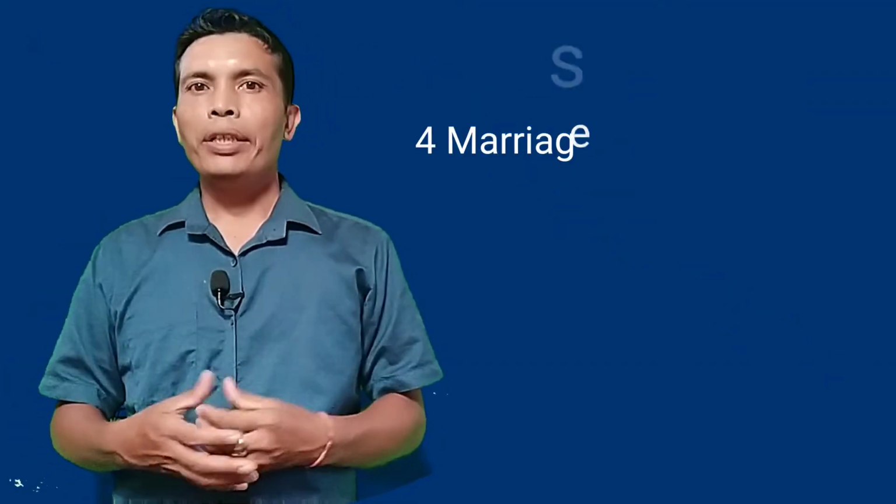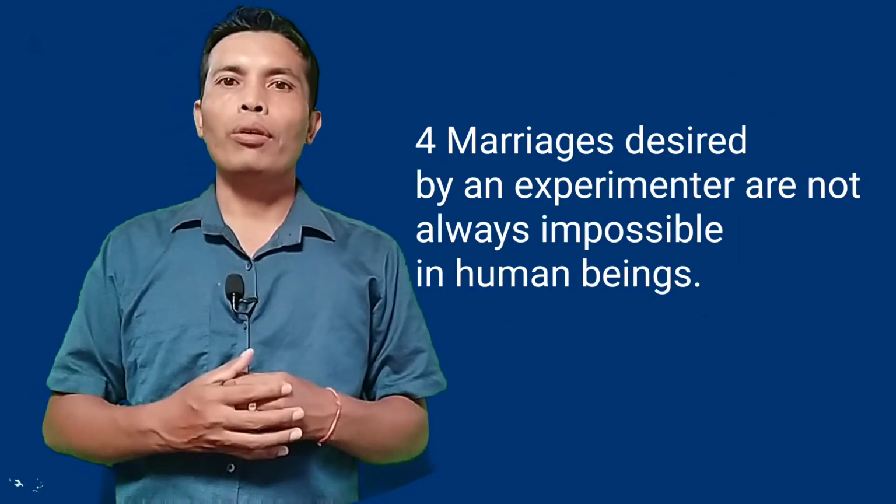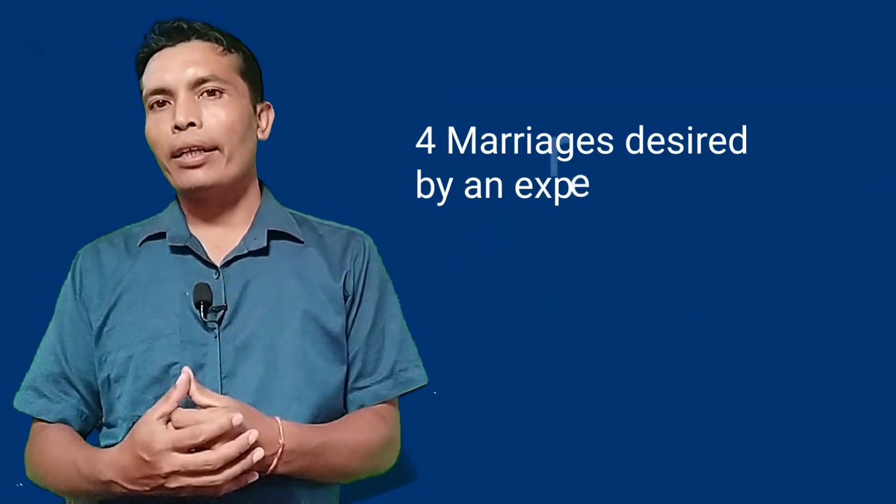Fourth, marriages desired by an experimenter are also always impossible in human beings. In pedigree analysis, we can study all types of Mendelian disorders, but chromosomal disorders are not studied in pedigree analysis. Why? Because chromosomal disorders are not inherited by their young ones.